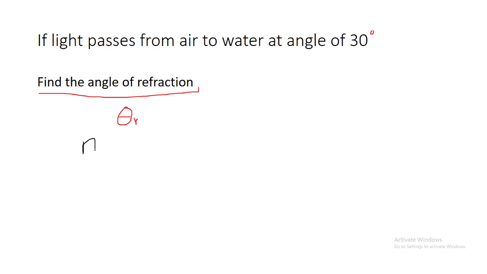So Snell's law says Ni multiplied by sine theta i equals Nr, this is the index of refraction for the second medium, multiplied by sine theta r, and theta r is the angle of refraction, which is unknown in our case. Sine theta r. Okay, so what is the Ni? This is Ni, the air, right?